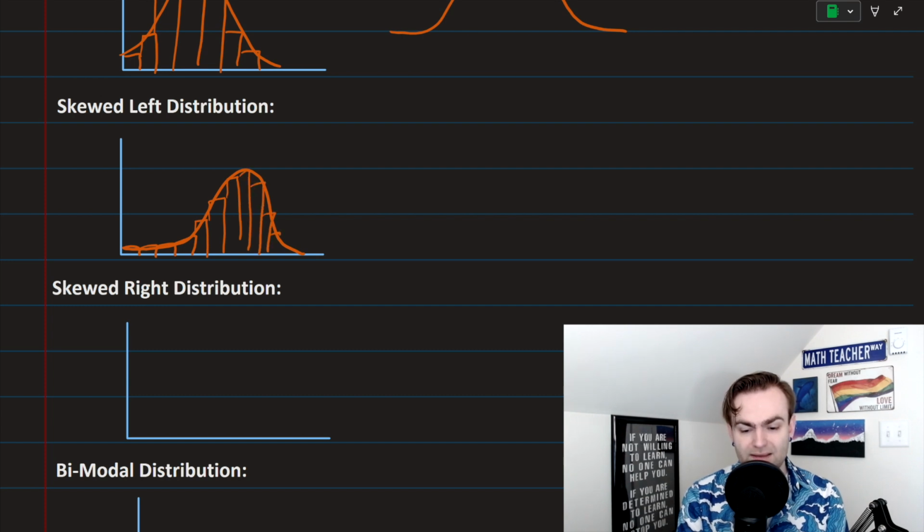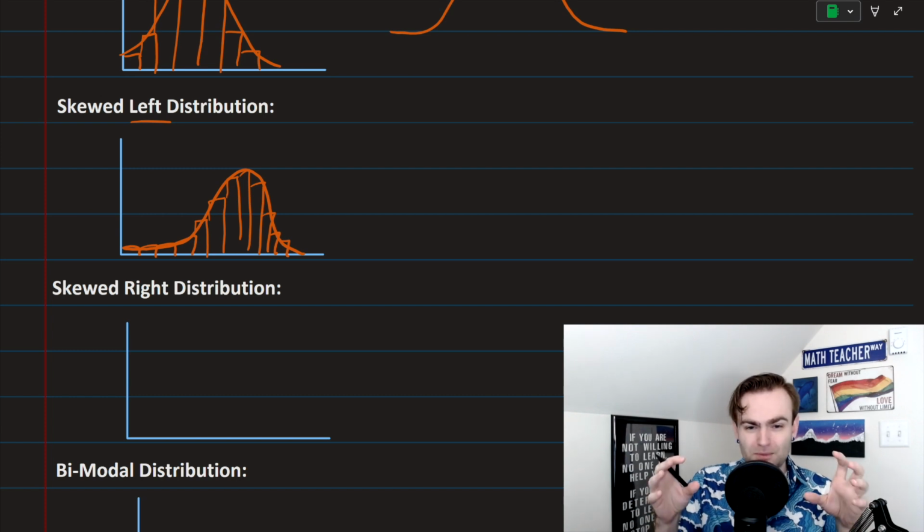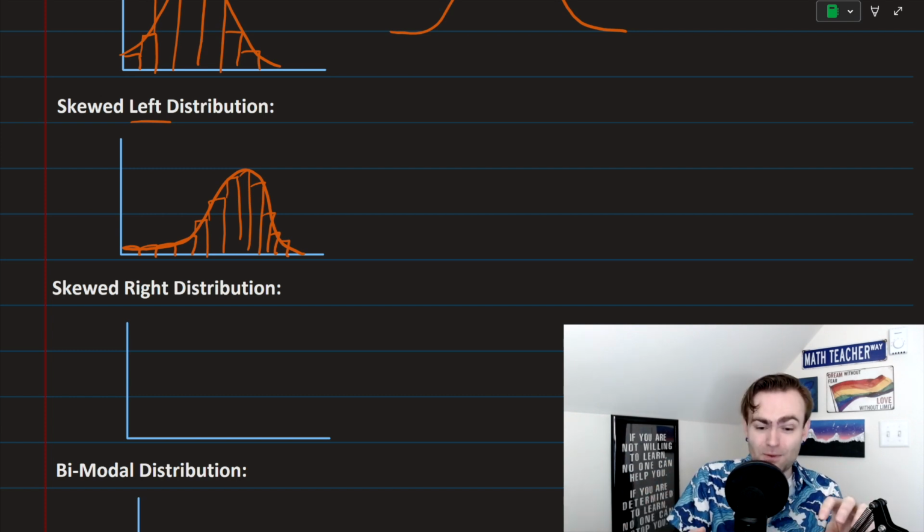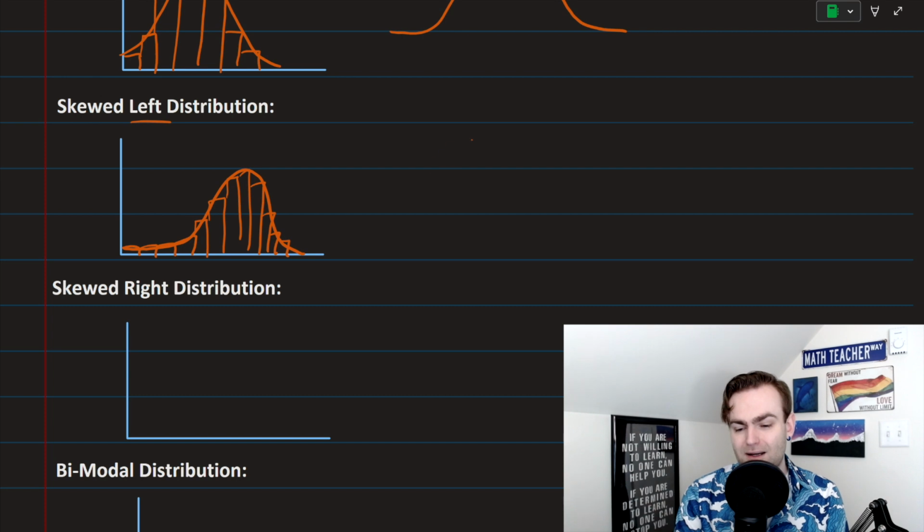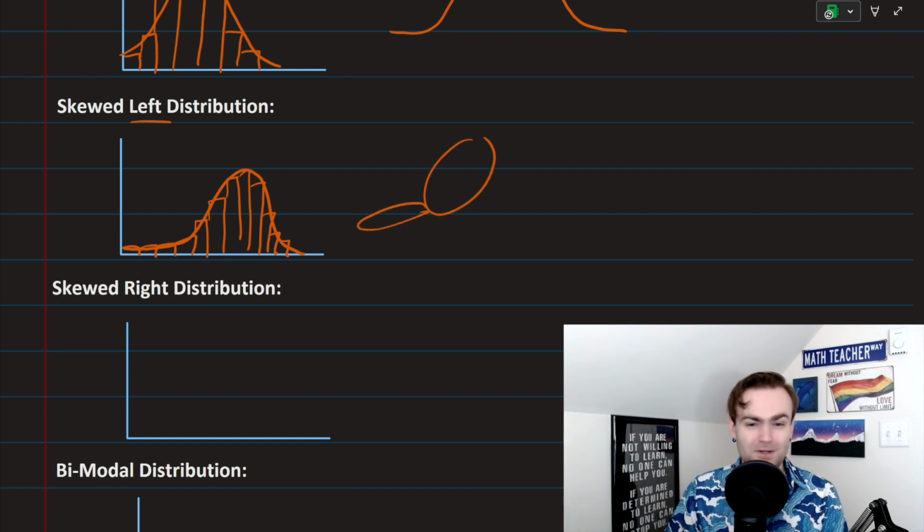The left side is dragging it some. One of my former colleagues used to say that means that there's a tail on the left, kind of like drew a picture of a rat, and the rat tail was on the left. If that kind of makes sense. That's an awful picture. I'm not going to be able to draw it, but you get an idea.